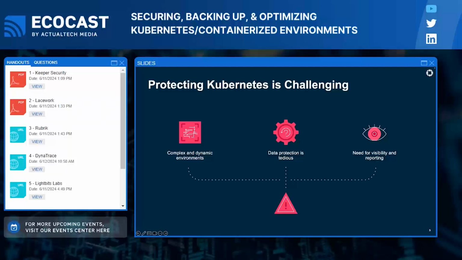There's a ton of tedium around managing all that. And we need a better way to both manage that, make that easier, and then also provide observability, the visibility, the reporting that comes along with protecting Kubernetes.